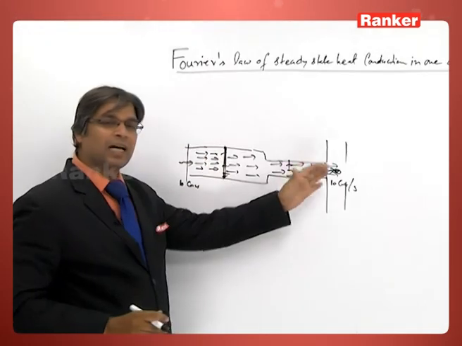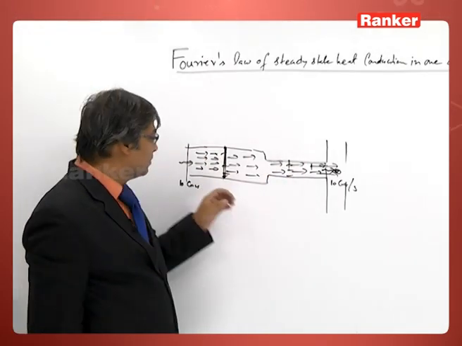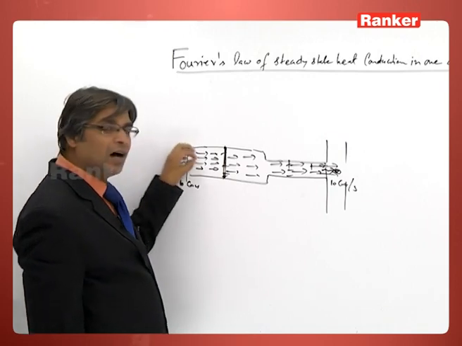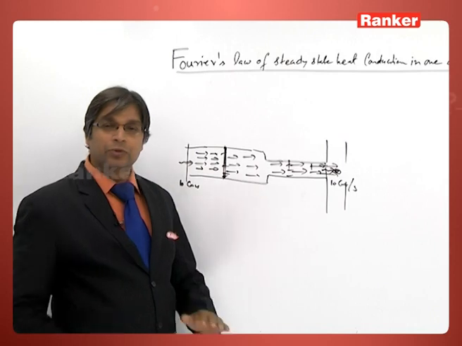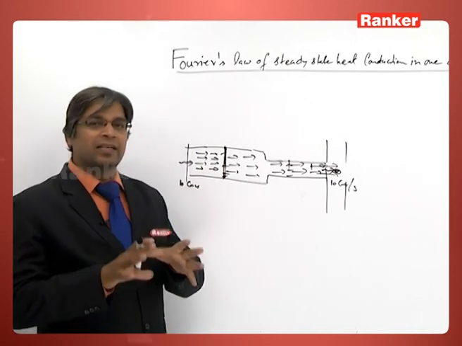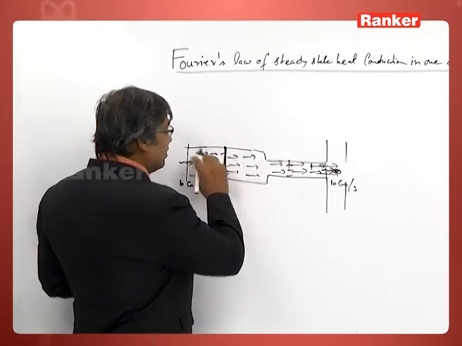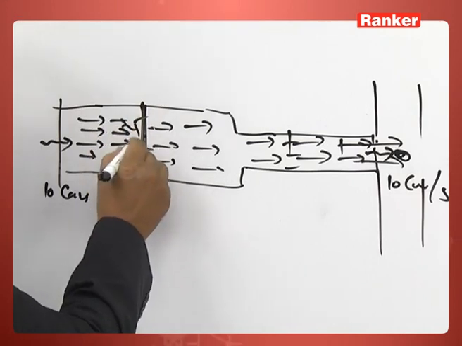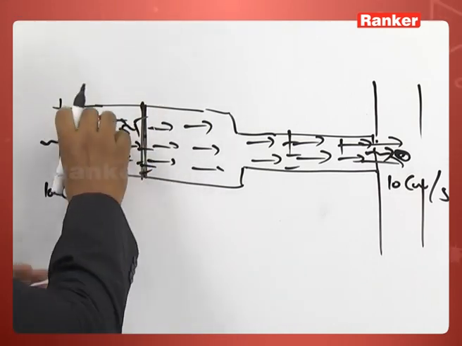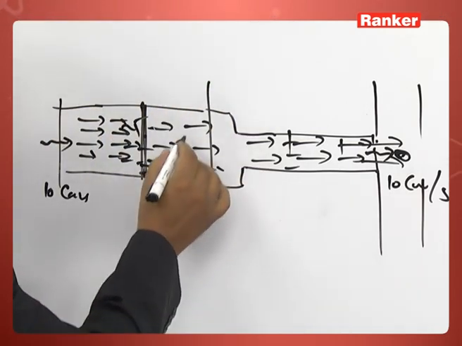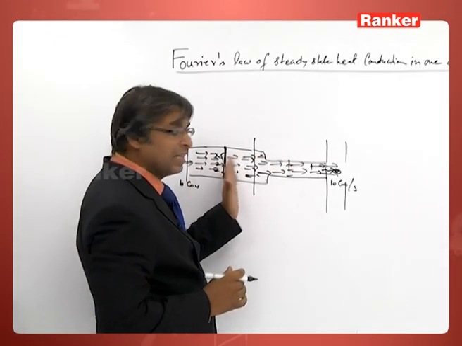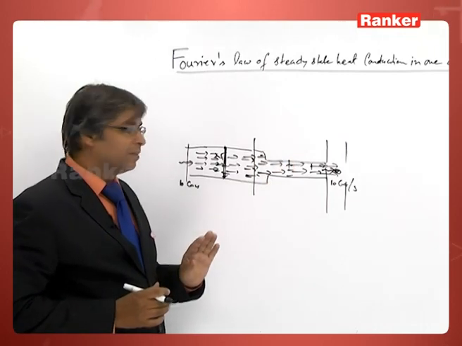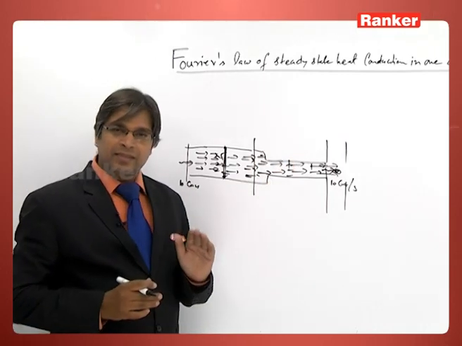The speed of the cars may be different at different locations, but the flux of cars at any cross section is going to be the same, so that at any junction more cars do not accumulate. The rate at which cars come to a junction, the cars should leave that junction, and that state is well maintained. That is what I mean by steady state.